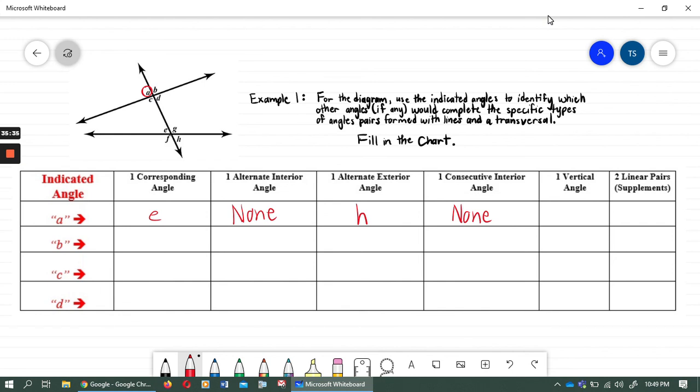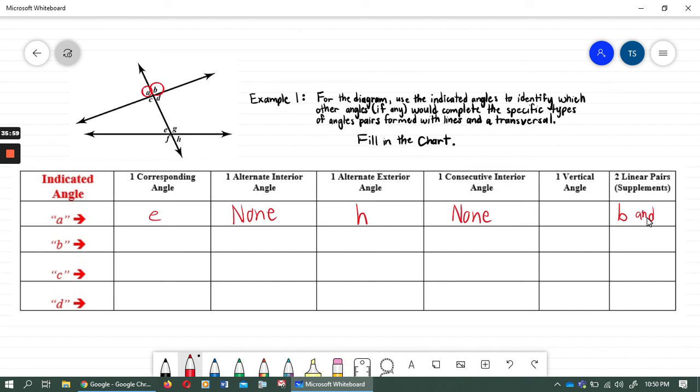Now there are two other angles in that diagram that could come together to form a linear pair with angle A. Angle A and angle B could come together to form a linear pair.